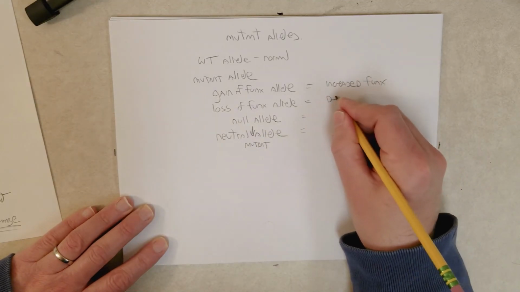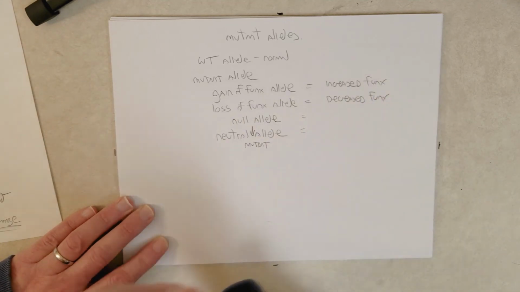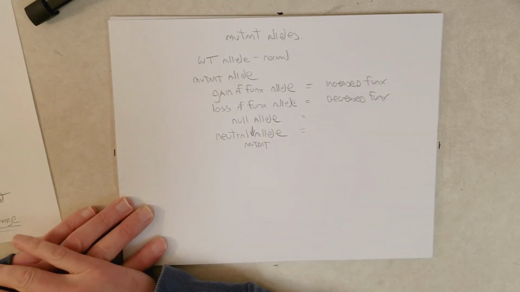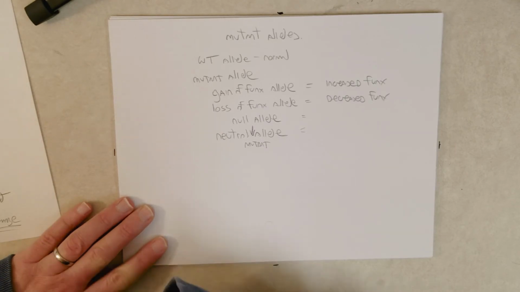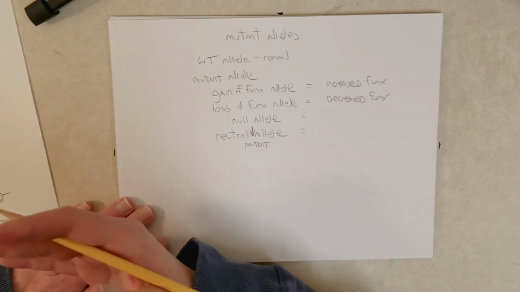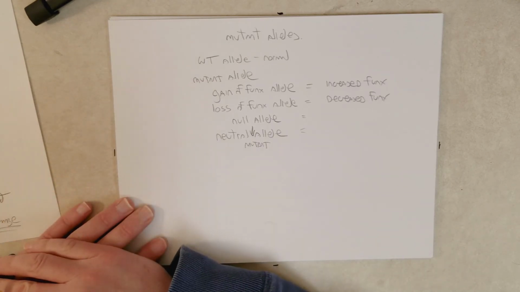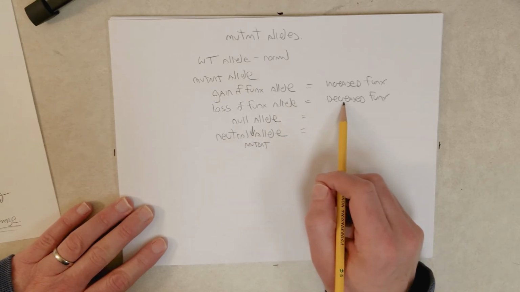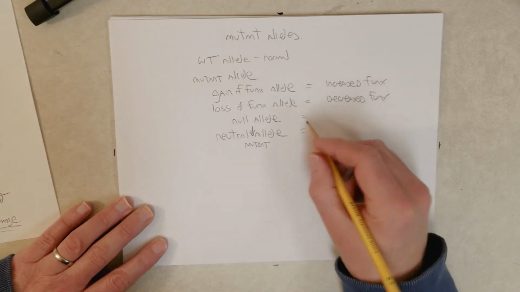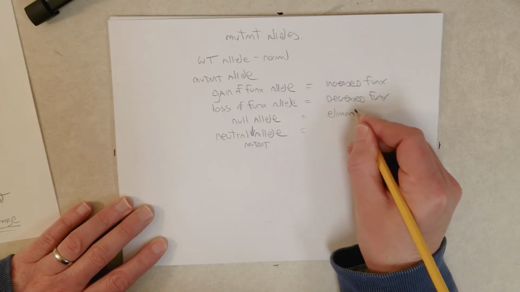Loss of function would be decreased function of the protein encoded by the allele, right? Lots of genes encode the instructions for making a protein, so a loss of function allele would lead to decreased function of that protein. The null allele eliminates function.